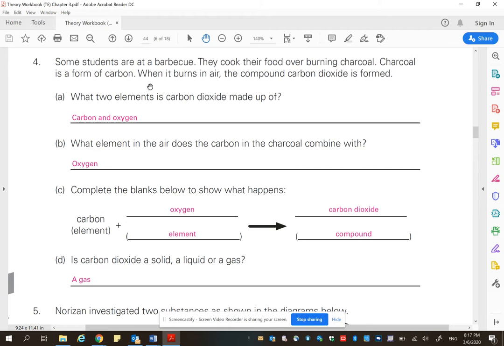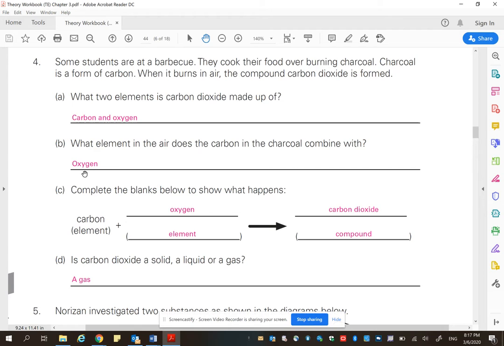So when carbon reacts with oxygen, it forms a compound, carbon dioxide. What two elements is carbon dioxide made out of? It's made out of carbon and oxygen. These two are combined to give carbon dioxide. Part B. What element in the air does the carbon in the charcoal combine with?